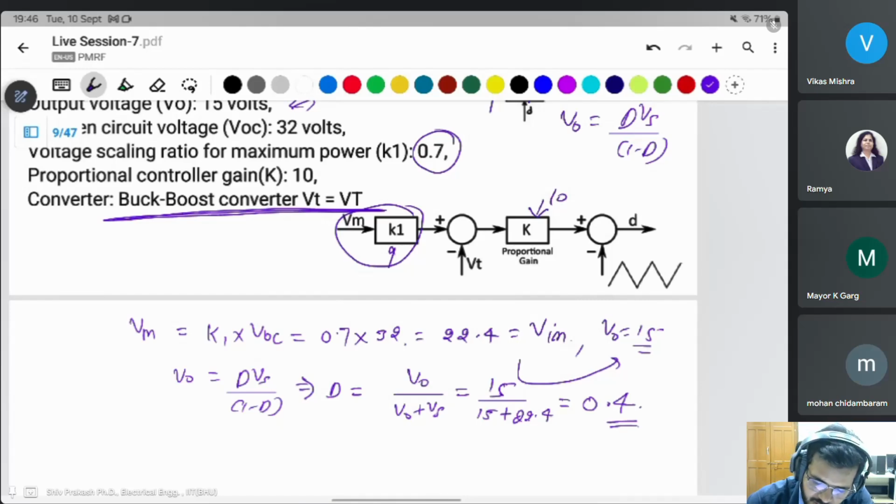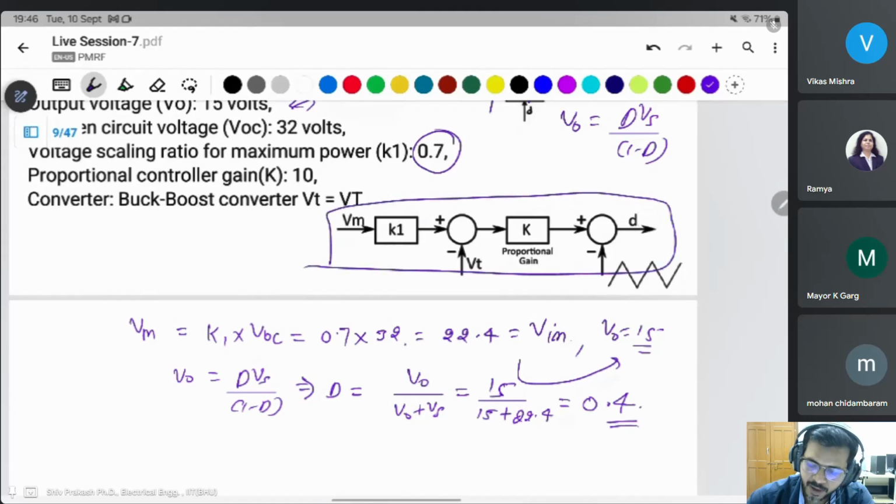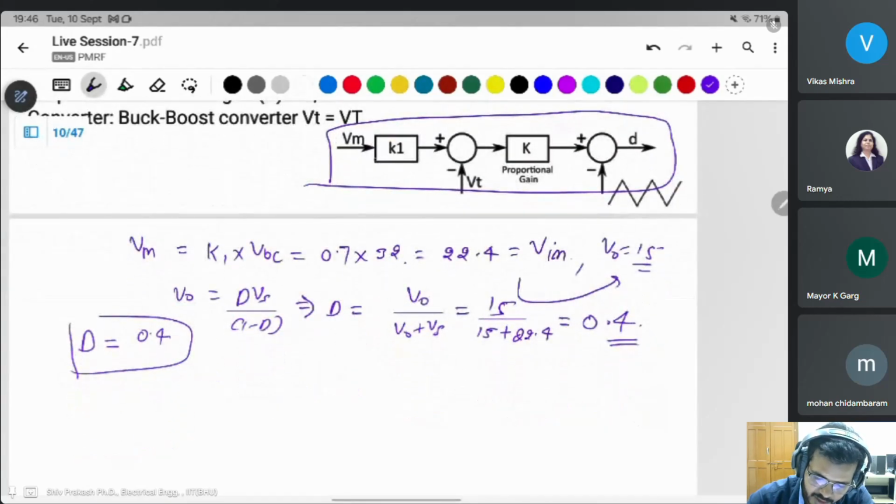Here a formula is given to calculate the duty cycle. We get the duty cycle, 0.4.